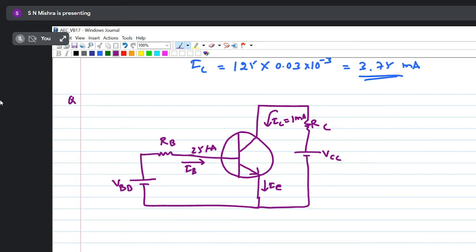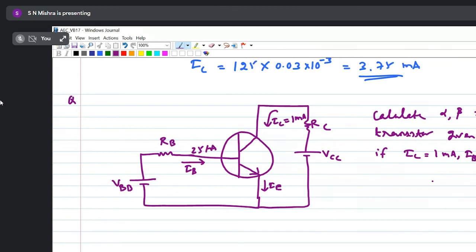So the question is: calculate alpha, beta for the transistor given in the figure if IC equals 1 milliampere, IB equals 25 microampere.